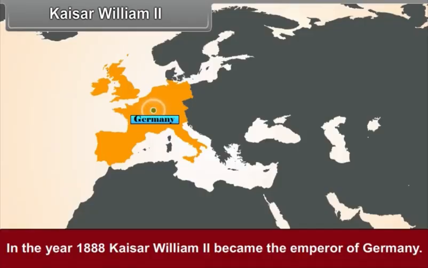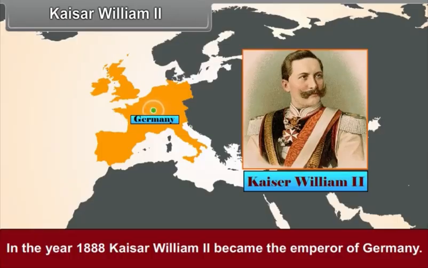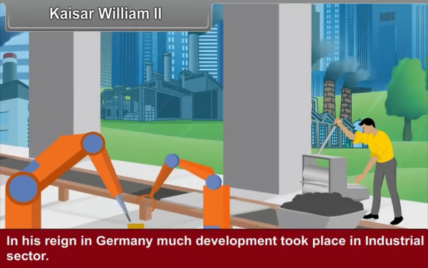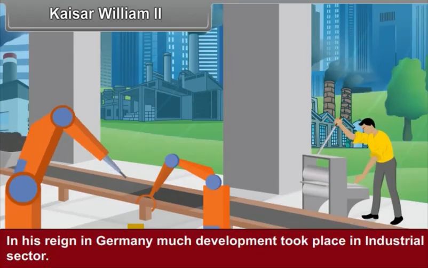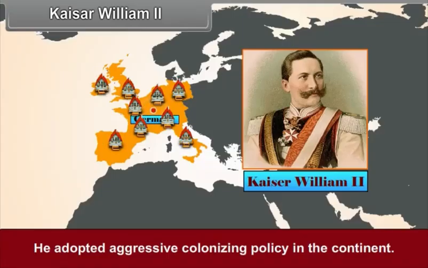Kaiser William II. In the year 1888, Kaiser William II became the Emperor of Germany. In his reign, much development took place in the industrial sector. He adopted an aggressive colonizing policy in the continent.